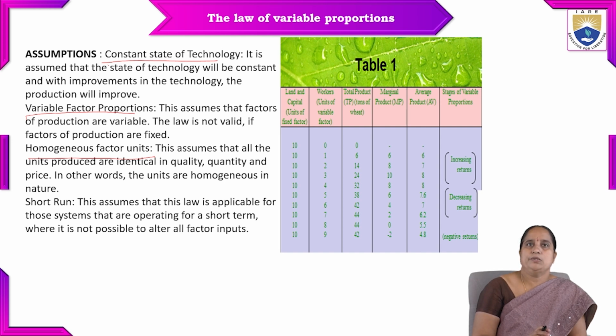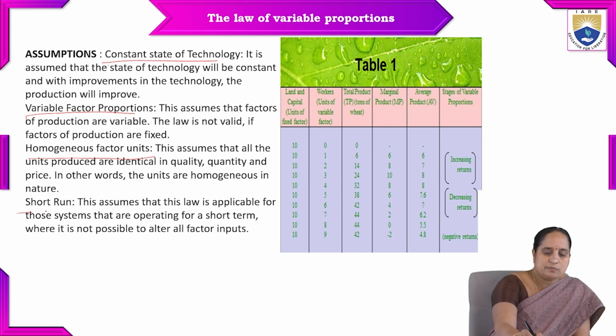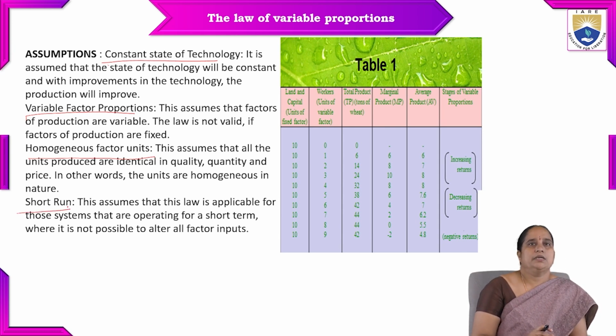It means the units are homogeneous in nature. The next assumption, short run. It assumes that this law is applicable for those systems that are operating for a short term where it is not possible to alter all factor inputs.